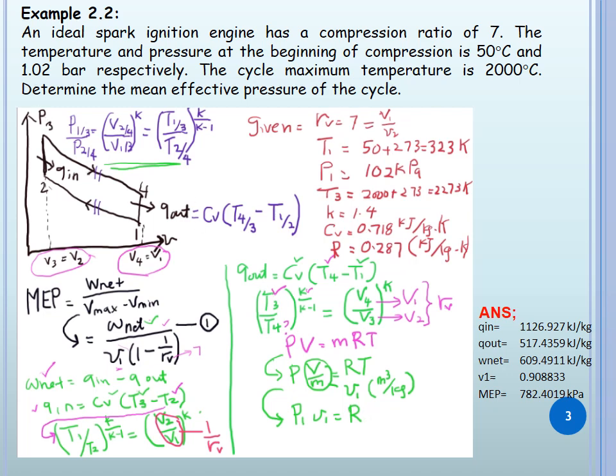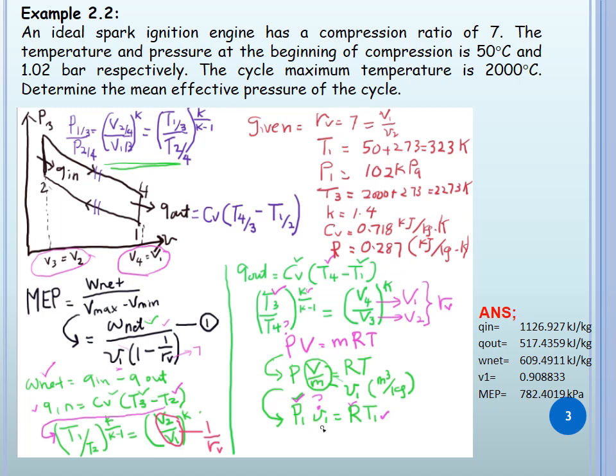R is constant. Here P1 is 102 kilopascal. V1 is the one that we want to find, R is the air gas constant, and T1 is given.